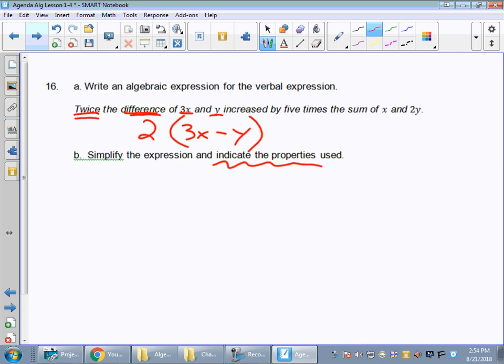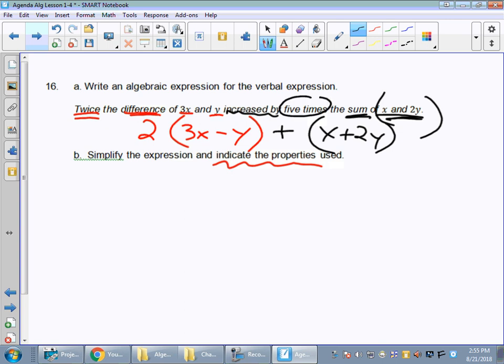And now we've got another part here where it says increased by, which should be a keyword for add, 5 times the sum of x and 2y. So again, I'm going to use the sum as an addition, and x and 2y are going to go in parentheses here. x plus 2y, and then it says 5 times, so I've got to multiply that by a 5. So that's kind of what we're going to do there.